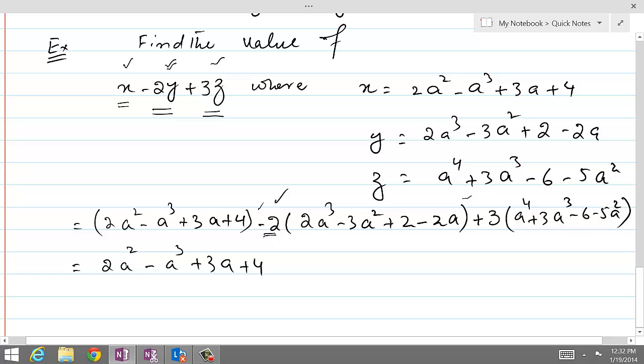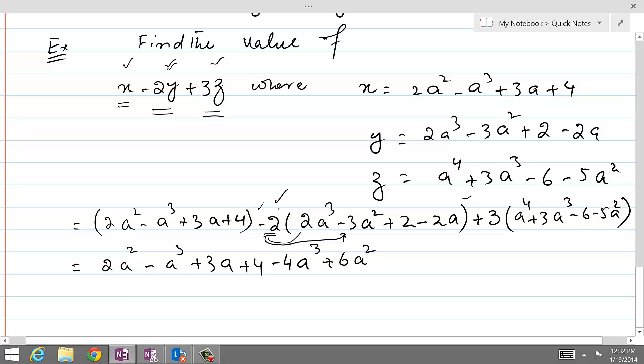So if we multiply minus 2 with this 2, this will become minus 4a cube. And we multiply this minus 2 with minus 3. We know that minus times minus will become plus, 2 times 3 will become 6, and a square.